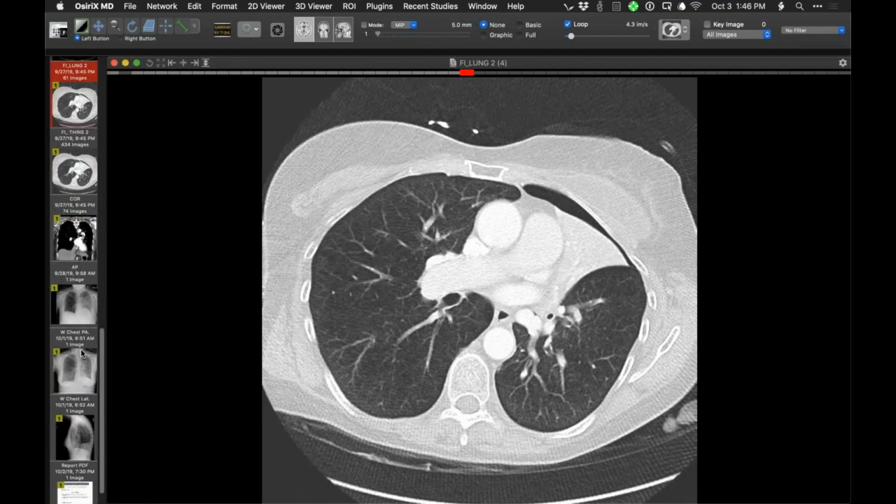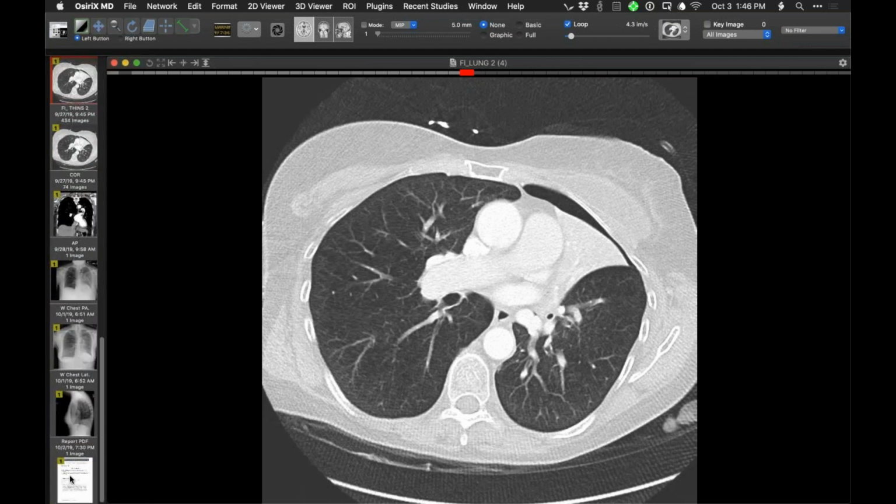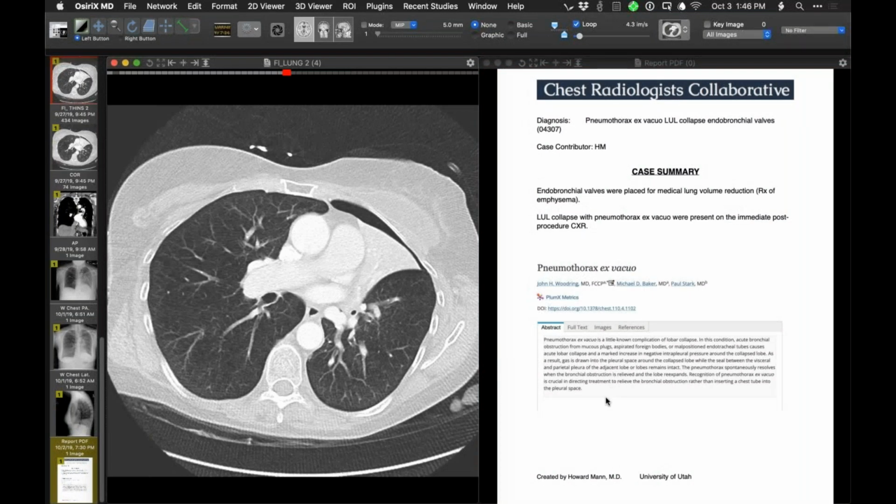So this is, I think, a very nice example of the entity of pneumothorax ex vacuo. That is, this is probably nitrogen rather than air, and it's a direct consequence of the acute left upper lobe collapse that is present, not because the visceral pleura is breached.